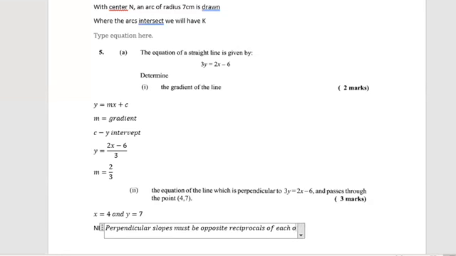So whenever you're in an exam and see them ask you, find the equation of the line which is perpendicular to this given equation, always know that perpendicular slopes must be opposite reciprocals of each other. So first what we're going to do, which is what we've done already, is to convert the equation to slope intercept form.